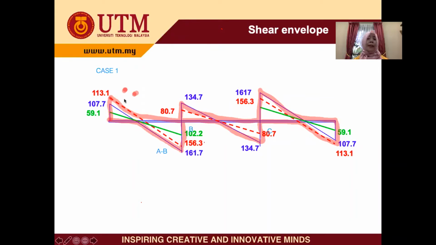So our design must be based on the shear envelope. This is the maximum. For example, if you want to design for shear force, the maximum at the support is 113. For support B, to the left, 161, and to the right 134, and so on.